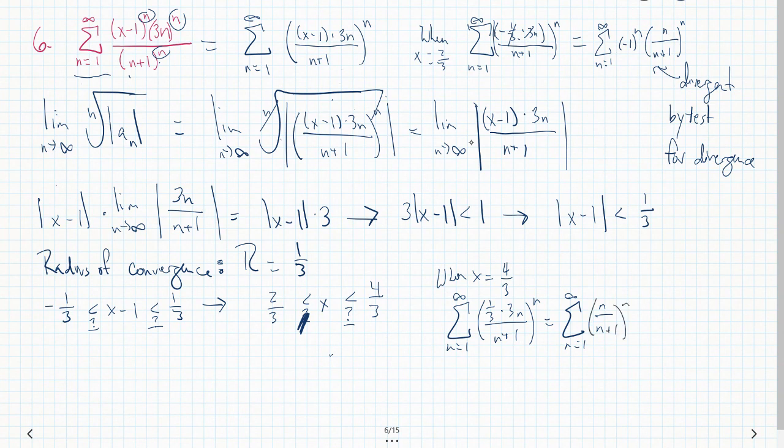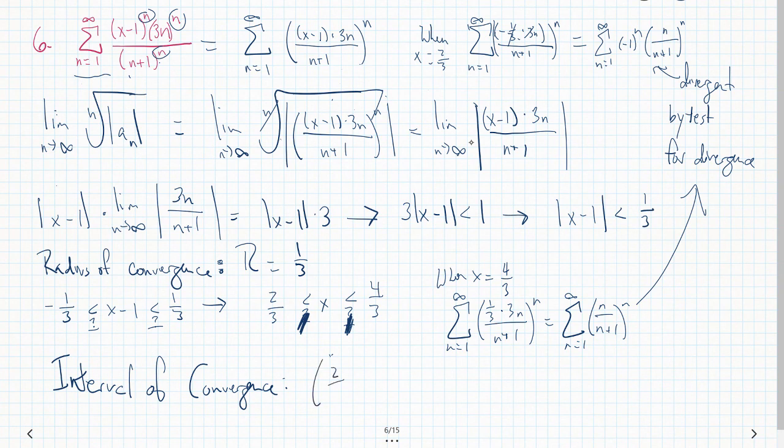So now we have just the positive version versus the negative, but same difference. This is also diverging by the test for divergence. So that means this won't work, and that means our interval of convergence is given by 2/3 to 4/3.